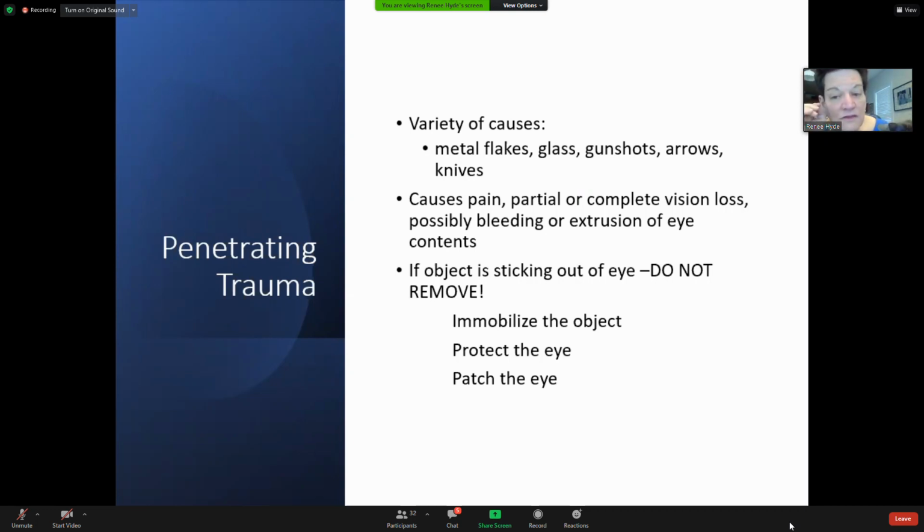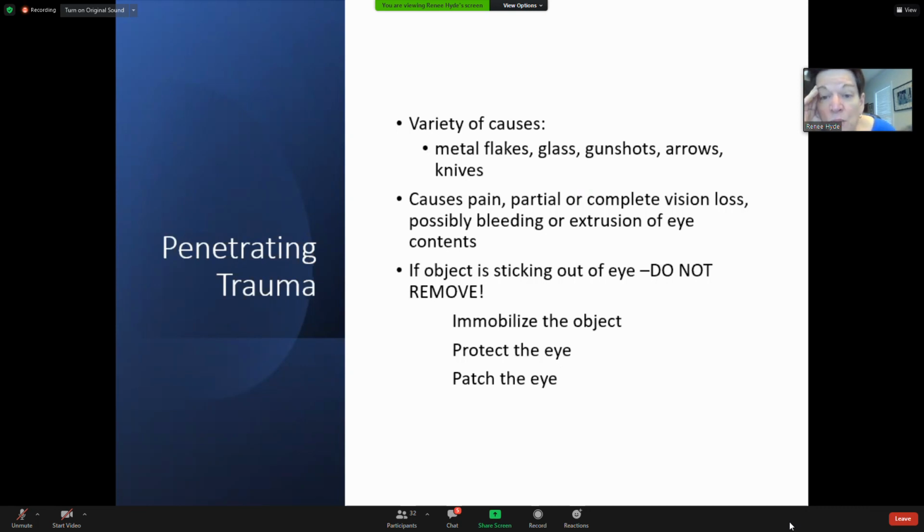Now, this is one of the things that I want you to remember. If an object is sticking out of that eye, do not try to remove it. And tell your patient to keep their hands away from that object.